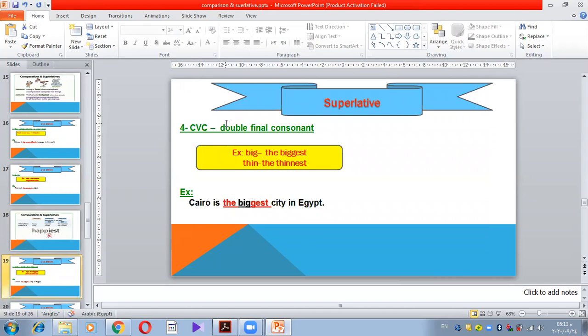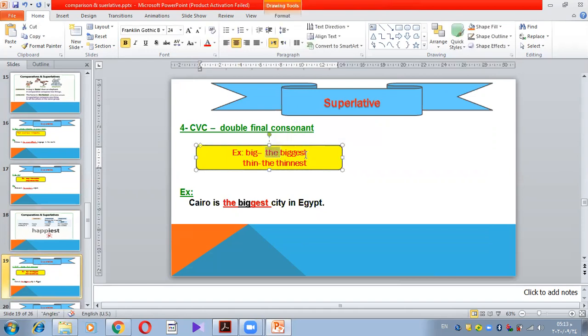Rule number 4, the CVC word. Do you remember what shall we do with the CVC word? The same rules. That's why I told you the superlative, the same like the comparison, same rules. Double the final consonant, but we add the before the adjective and then we add est to the adjective. So the biggest, the thinnest, and you see how we double the final consonant before we add the est.